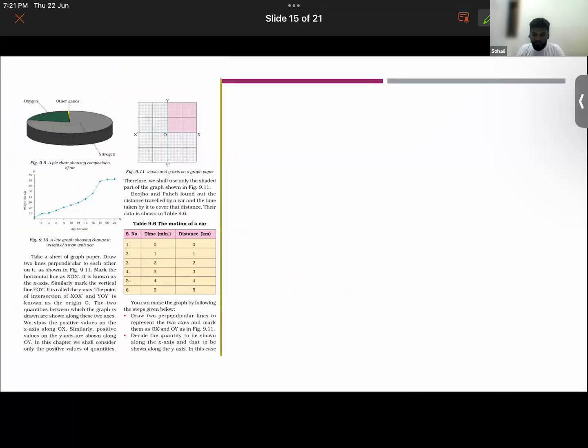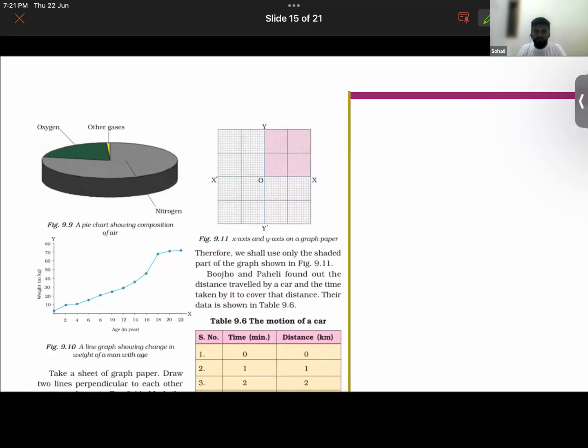Now, similarly, we have another type of graph as well. All right, see this one here. What does it represent? It represents the composition of different gases in the atmosphere. See here, this oxygen must be representing 21%, right?